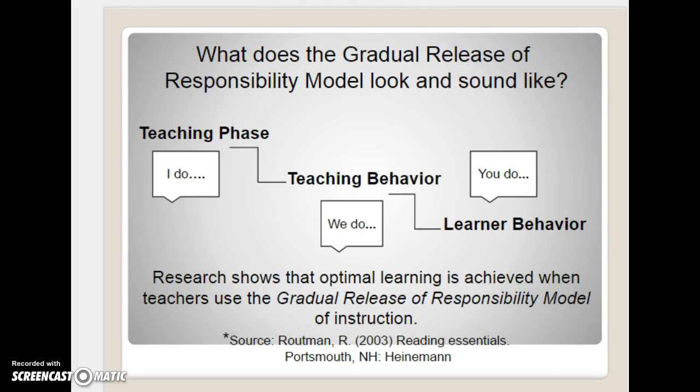What does a gradual release of responsibility model look like? Dr. Douglas Fisher, a professor of language and literacy education at San Diego State University, states that students need to develop their expertise in all aspects of reading and writing. That's including oral language, phonemic awareness, phonics, vocabulary, fluency, and comprehension.